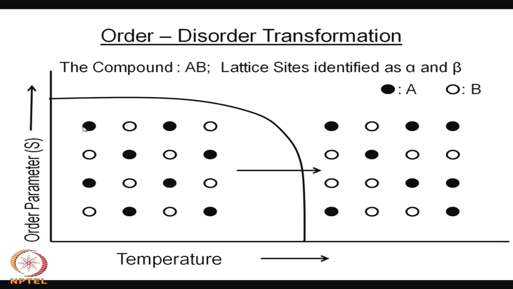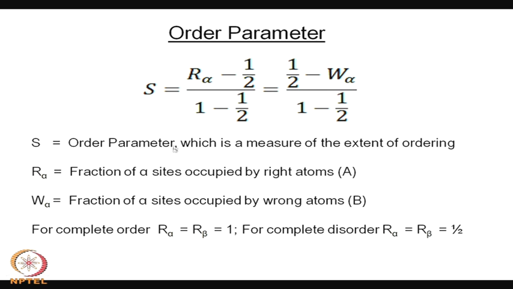Okay. Particularly in an ordered structure, normally the alpha site will be occupied by A and the beta site will be occupied by B, but if that does not happen, then the order parameter comes in, and that is how it has been defined.